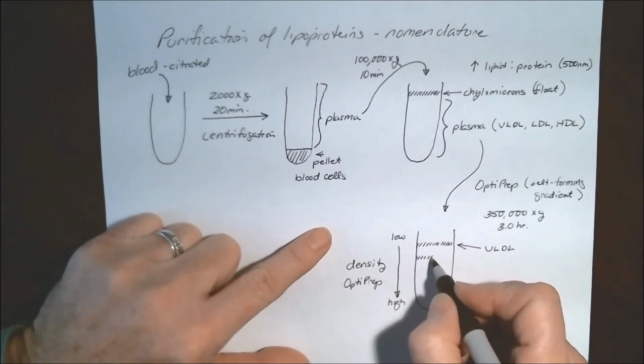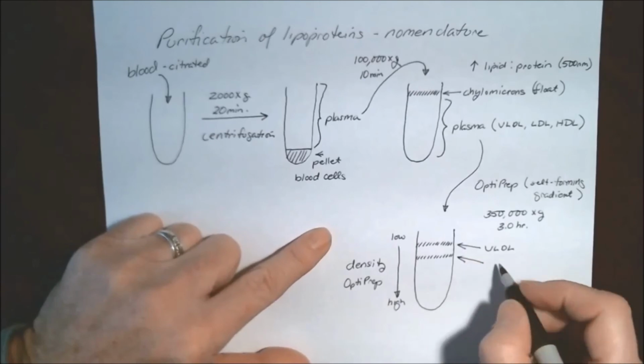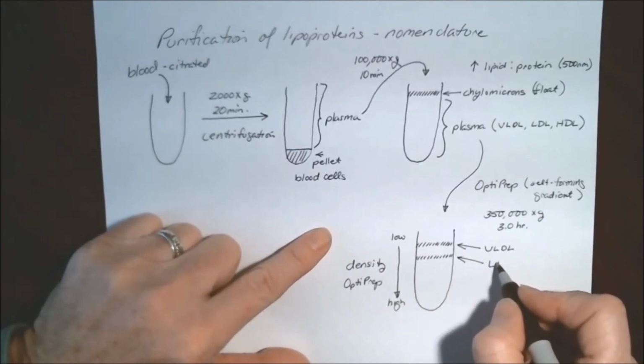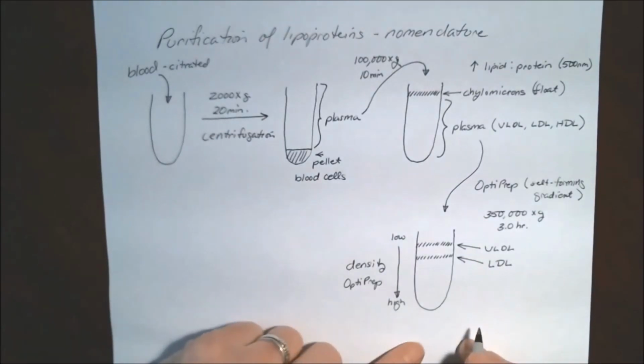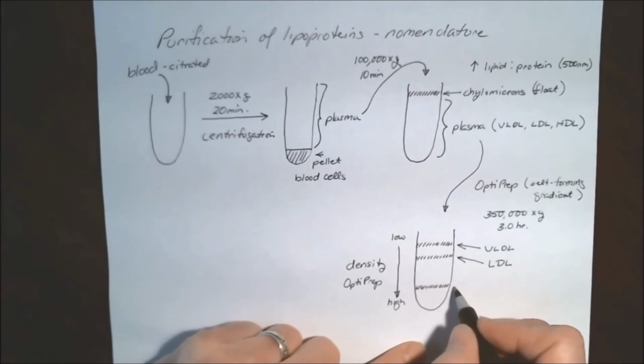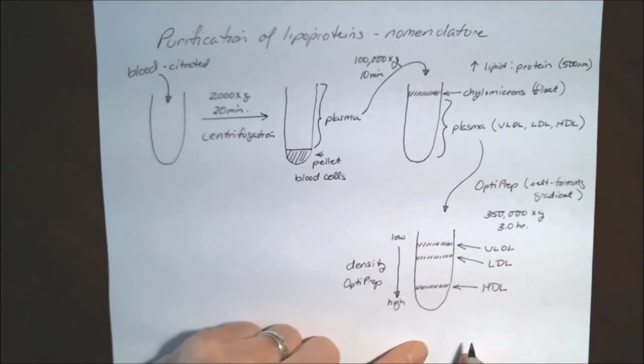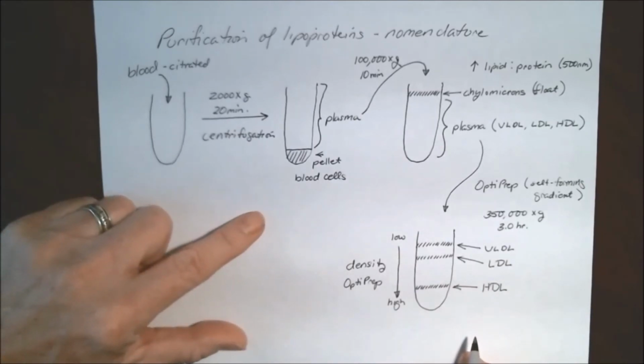Just below that we will have a band of lower density particles, which is LDL, and then closer to the bottom we will have another band of lipoprotein material, which will be defined as HDL, high density lipoprotein.